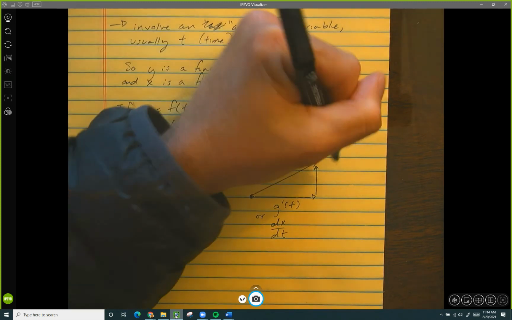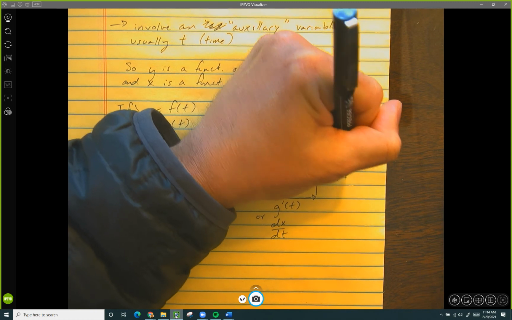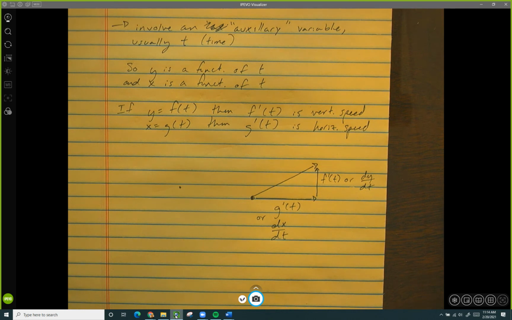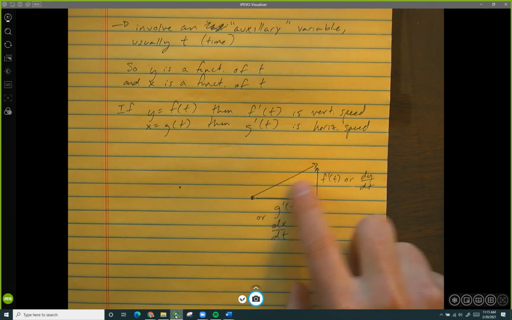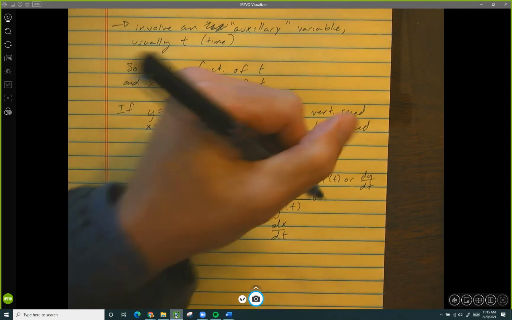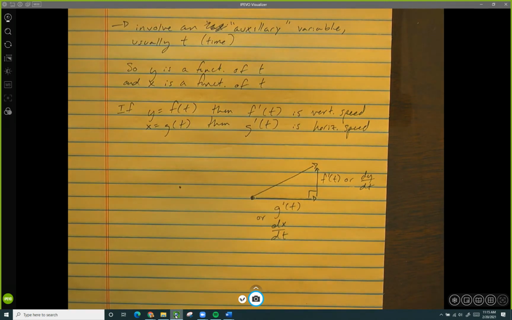We have vertical speed, f prime of t, or dy/dt. When we're talking about speed, we're talking about a scalar, a numerical value, and direction isn't really important. So we're actually looking for the magnitude of this vector. How do you find the magnitude of this right triangle's hypotenuse?